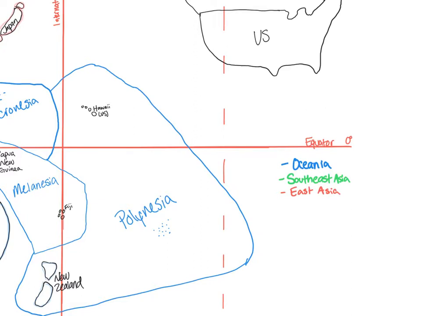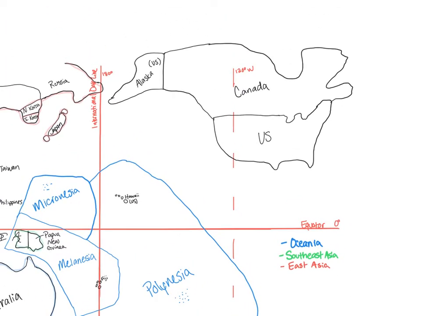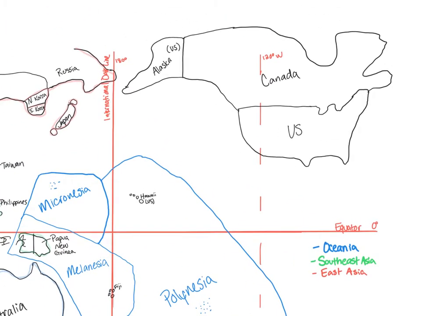And then we're going to do purple for North America. Okay, so North America is purple. And this is just so you know the different regions that we are working with here, okay?